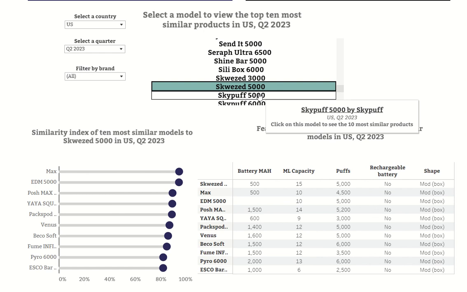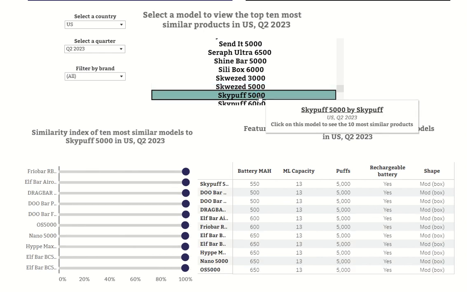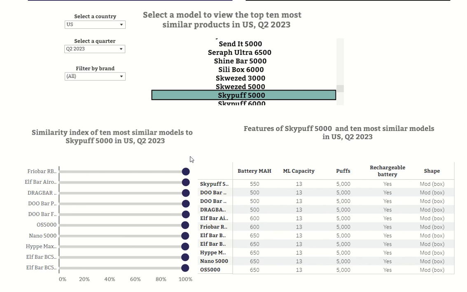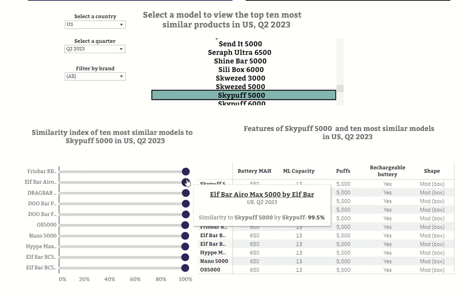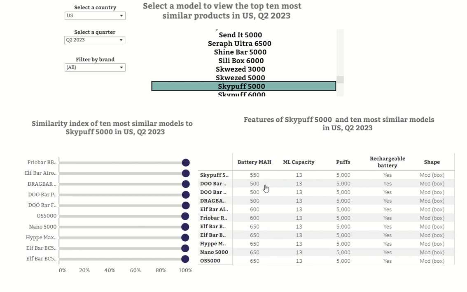If, for example, we select another model like this SkyPath 5000, we can see that the top 10 most similar models have higher indexes, and they are actually much more similar. So the only difference between the selected model and the closest models in terms of similarity is that they have a slightly lower battery capacity.